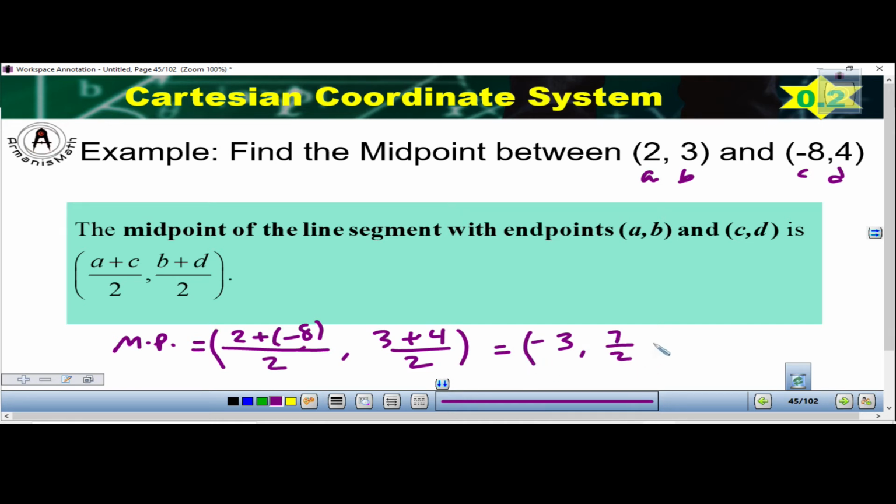Now you could leave it at 7 over 2, or you could say that's 3.5. So also negative 3 or 3.5 if you like. That's another way to do it. But that's the midpoint. Remember, midpoint in the Cartesian coordinates is actually a point, not just a number as in the number line.